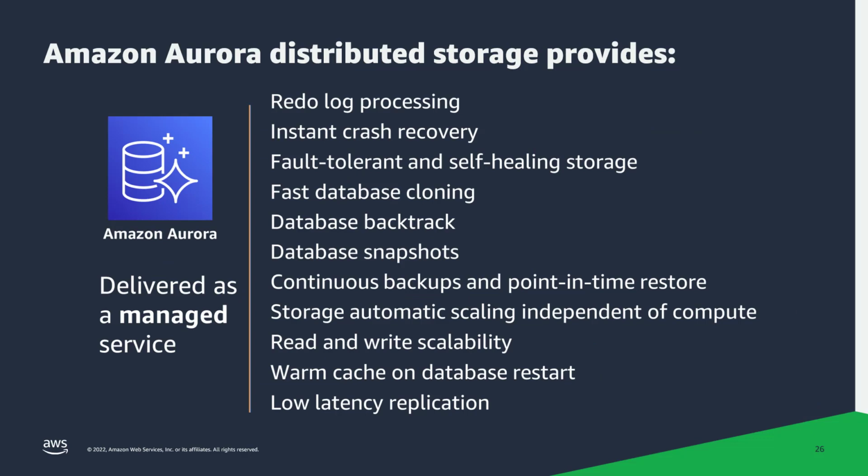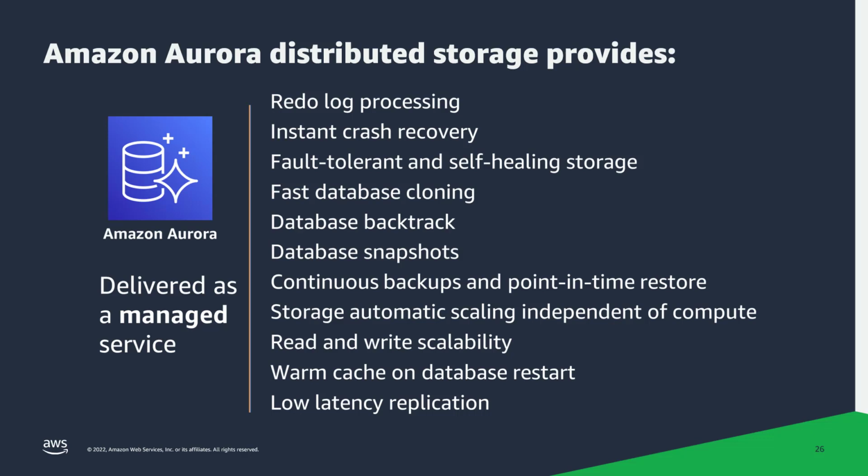Another thing, when you talk about high availability and high durability, you naturally talk about the backup process. Another thing that is different and unique about Aurora is that Aurora backup happens continuously. So there is no backup window. There is no performance penalty during the backup process, which many customers usually worry about.